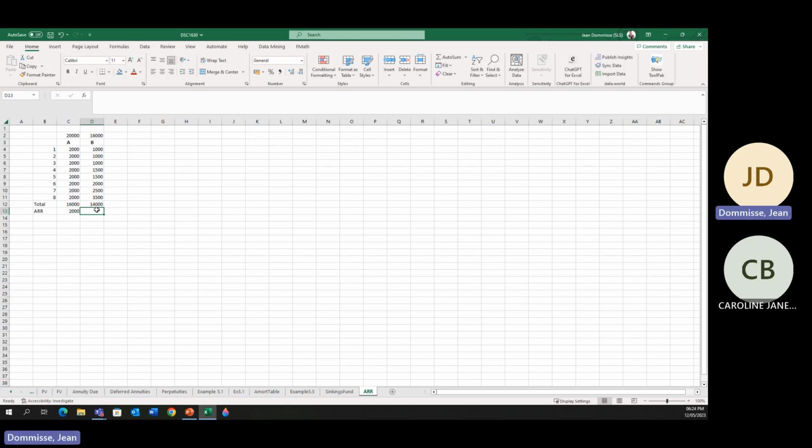For the first proposal it would be 16 divided by 8, and for the second proposal 14 divided by 8. So your average is 2,000 for the first one and 1,750 for the other.